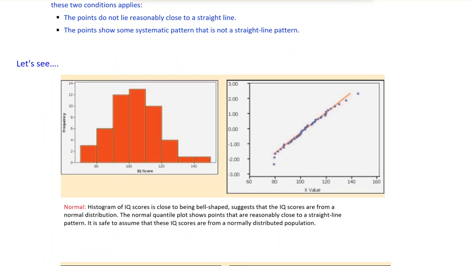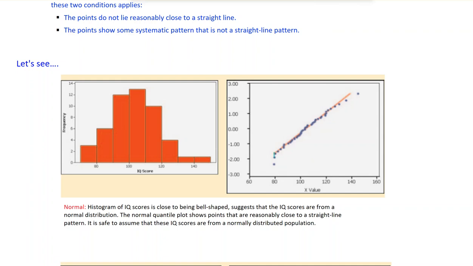Here on the right-hand side of your screen is the normal probability plot. And the distribution here, you'll see this red line that's off to a slant on the screen. And notice that all those blue dots are lining up pretty nicely along that red line. And to the left, you see the histogram representing that data.